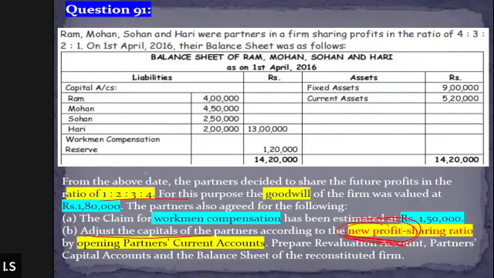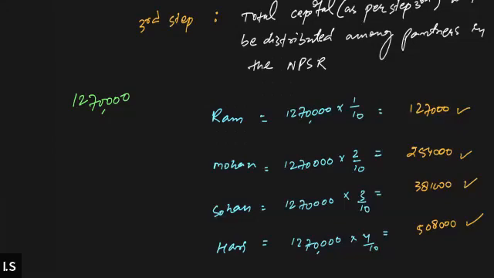So we got the value of the adjusted capital, yes or no? 12,70,000. And this 12,70,000 needs to be adjusted among the partners in the new profit sharing ratio. And what is the new profit sharing ratio? It is 1 is to 2 is to 3 is to 4. So that means 1 by 10 for Ram. 1 by 10 of 12,70,000 is how much?